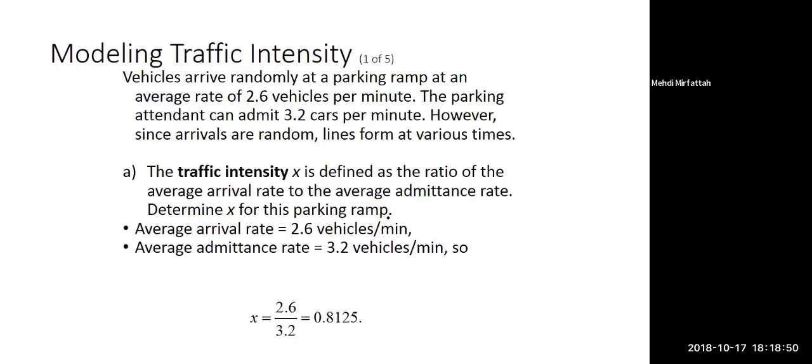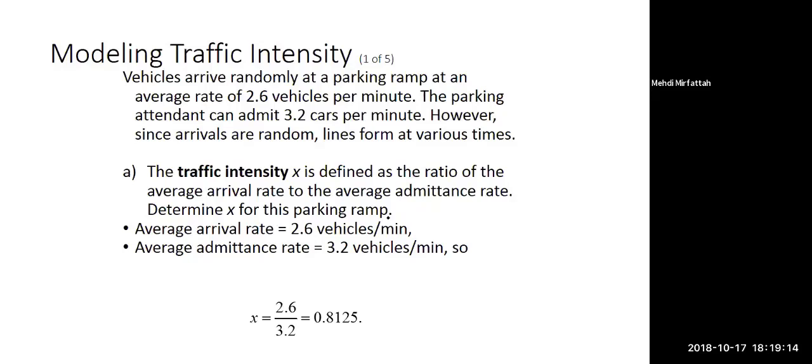However, since arrivals are random, lines form at various times. Part A, the traffic intensity x is defined as the ratio of the average arrival rate to the average admittance rate. Determine x for this parking ramp.